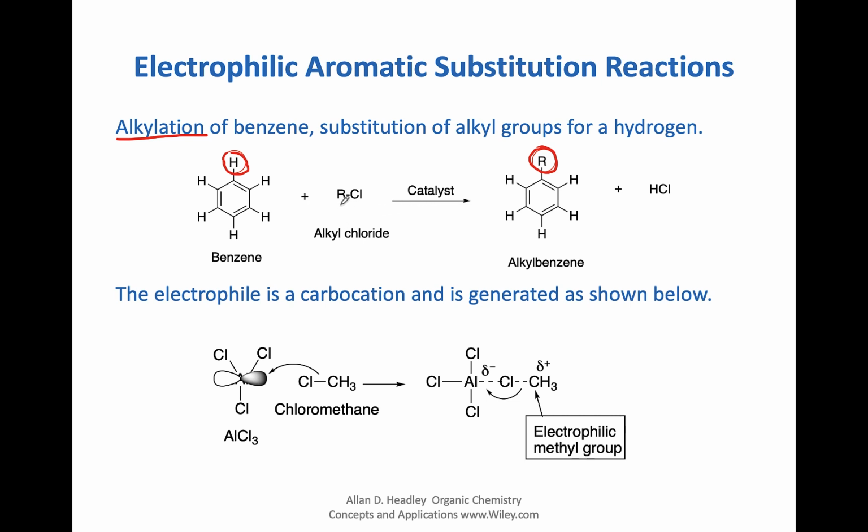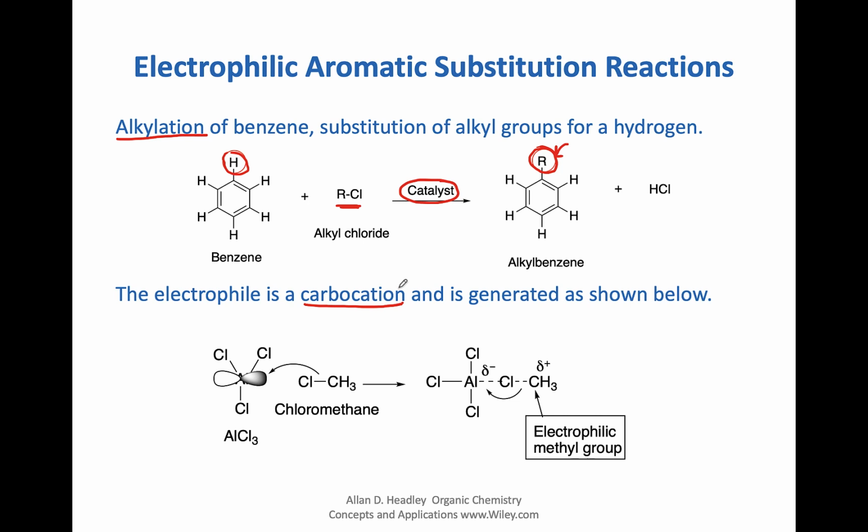What you'll need here is an alkyl chloride, and don't forget, you'll always need a catalyst whenever you are reacting benzene with another molecule. As you can imagine here, the electrophile will be a carbocation. So the electrophile is a carbocation to make that substitution.